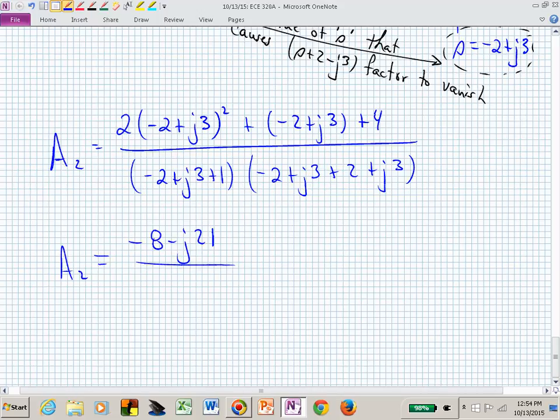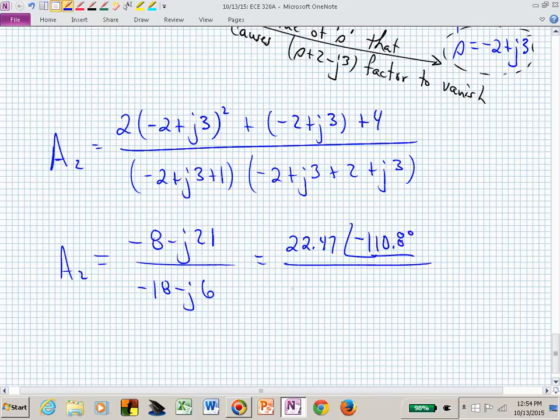The denominator is minus 18 minus j6, and when you are dividing complex numbers, it's usually easier or cleaner to put them into polar form. The numerator is now 22.47 at an angle of minus 110.8.